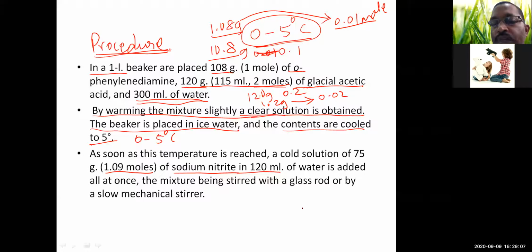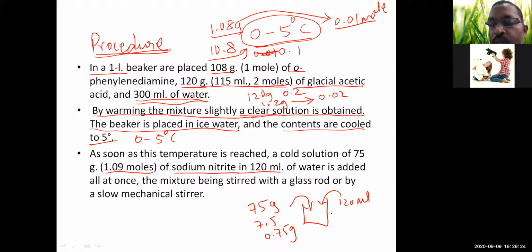That is, we have to take a beaker, add 120 ml of water, and add the 75 grams, or say 7.5 or 0.75 grams, of sodium nitrite, NaNO2. Okay, it is added into 120 ml, and you have to cool this also to 0 to 5 degrees.